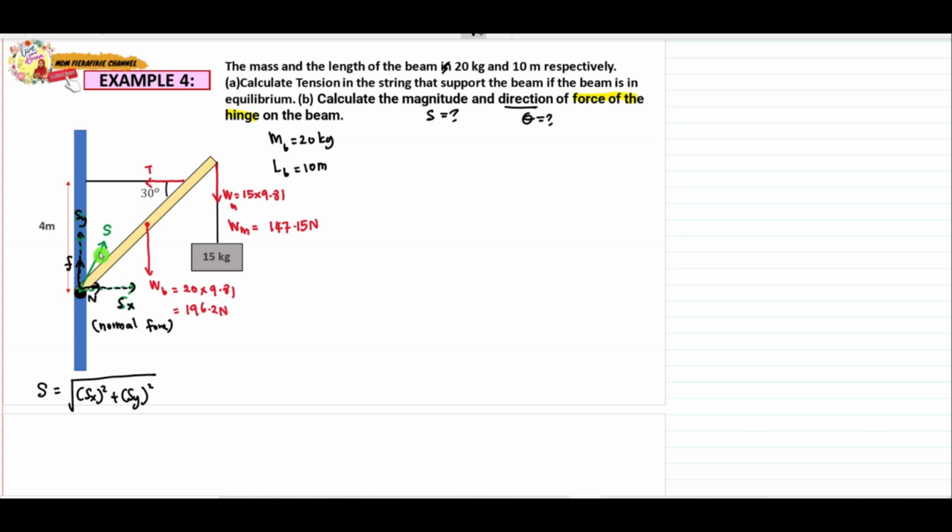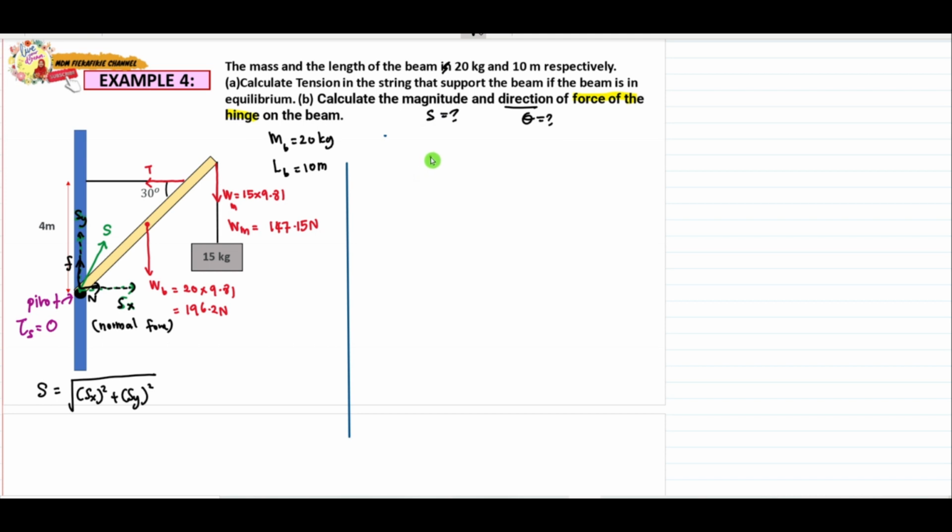Okay, so now we answer the first question first. Calculate the tension in the string that supports the beam. So I want to find the value of T. Remember, this is the pivot point. If this is the pivot point, the torque due to the supporting force is zero, because it is supporting the beam and has no turning effect. So torque S should be equal to 0. Let's proceed here.